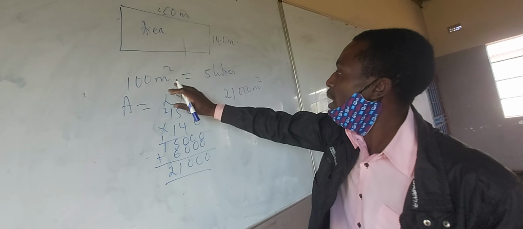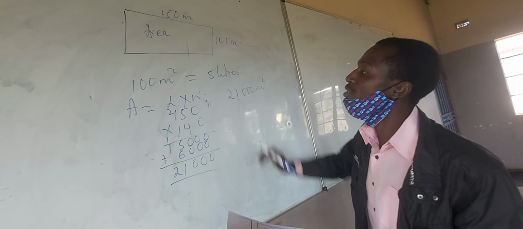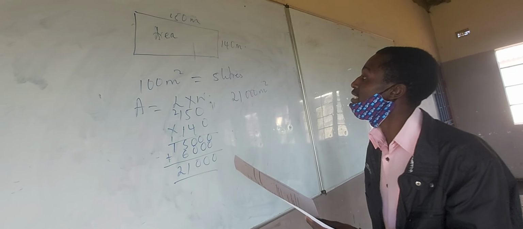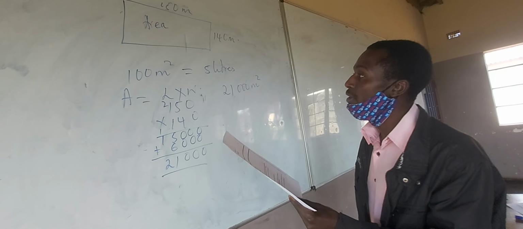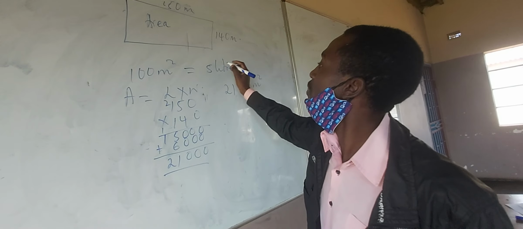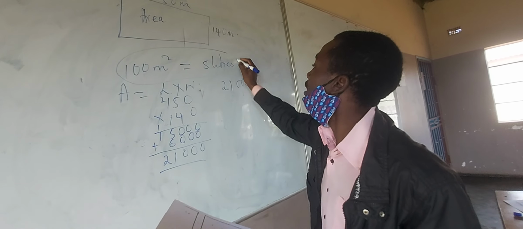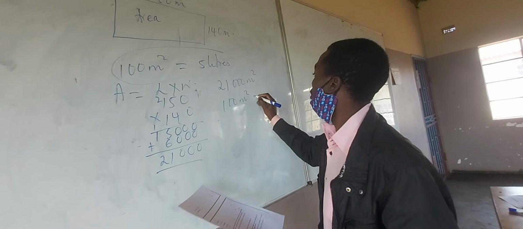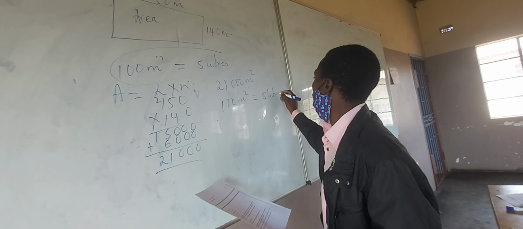So the quantity of chemicals which was needed to destroy weeds in the whole farm, now we use simple proportion, or direct proportion, right? 100 square meters is equivalent to 5 liters.